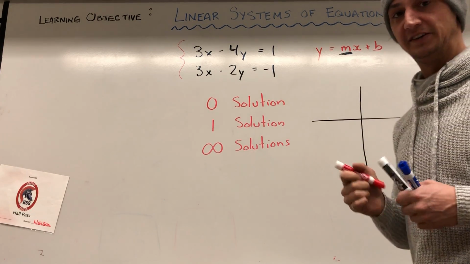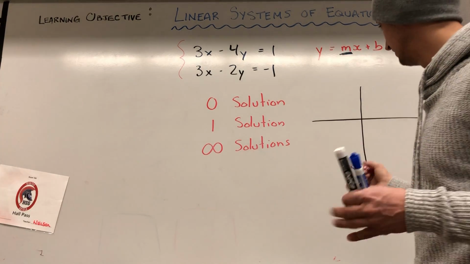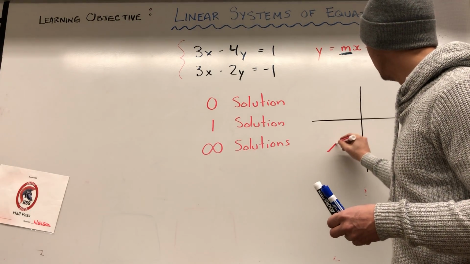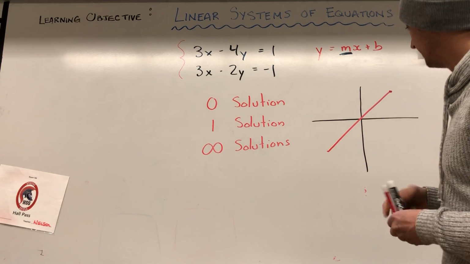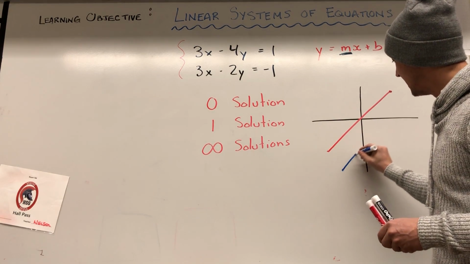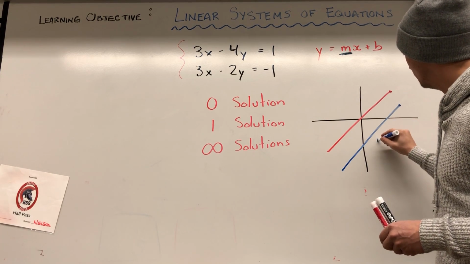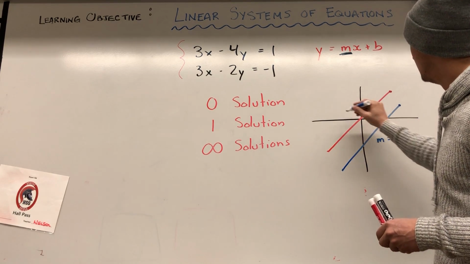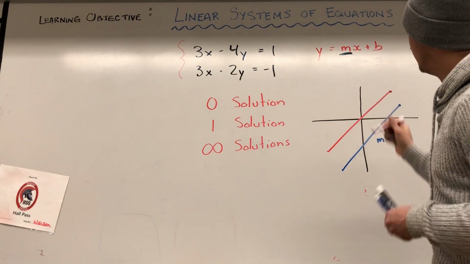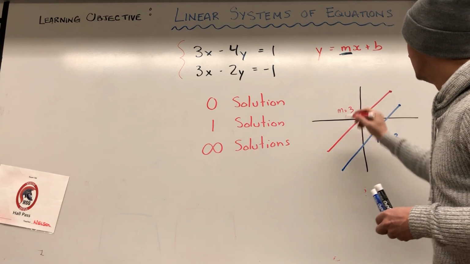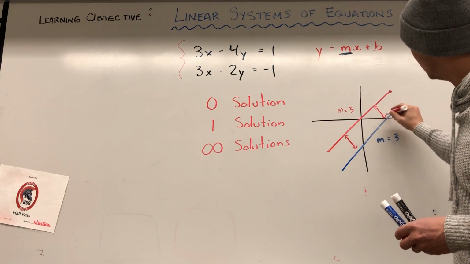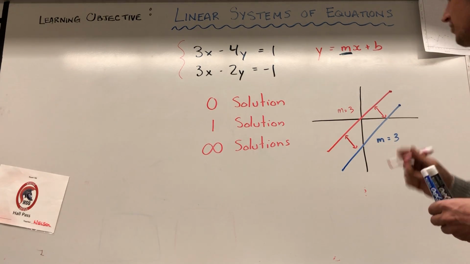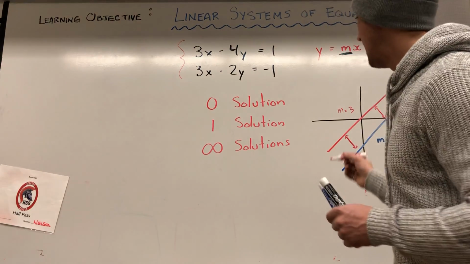will be essentially a situation where I have two parallel lines. So if I have two parallel lines, what does parallel mean? Well, parallel means that they have the exact same slope. So say this slope was 3, well then this will have a slope of 3. These are train tracks. They are always going to be the same distance apart because they have the same slope, but they're not the exact same equation.